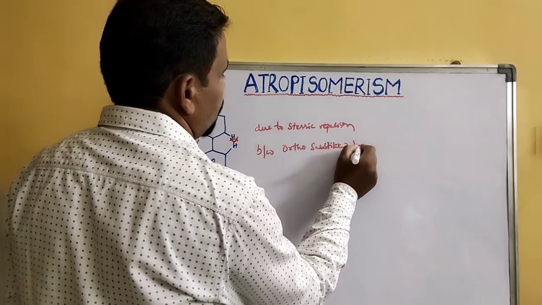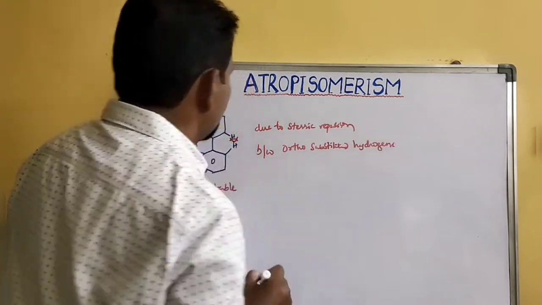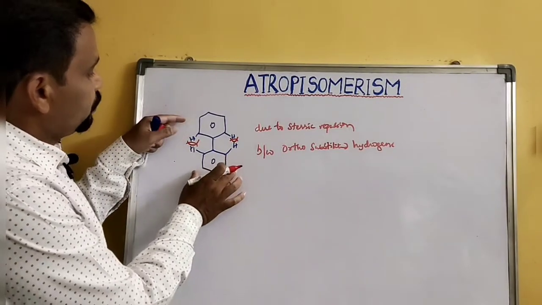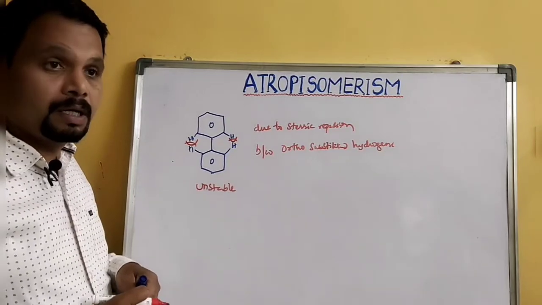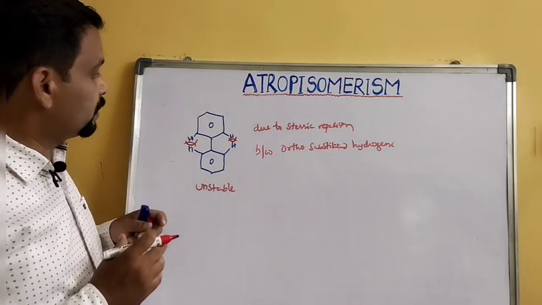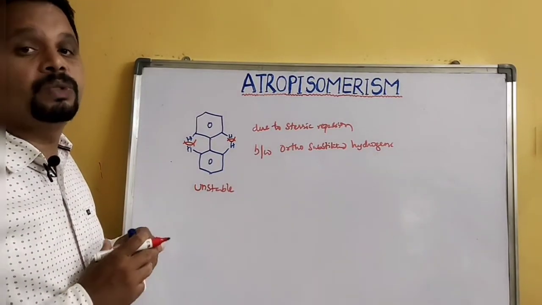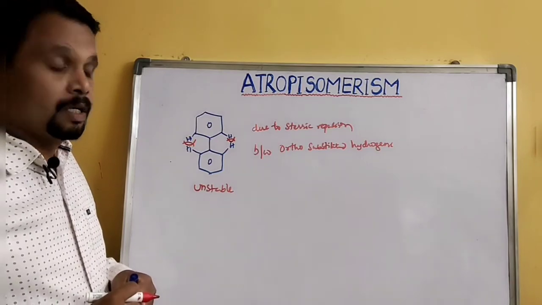Because of this steric repulsion, this conformer is unstable. So to avoid or reduce this steric repulsion, what does this compound do?